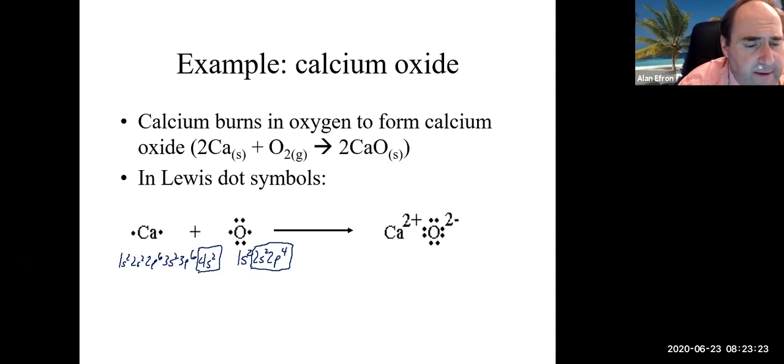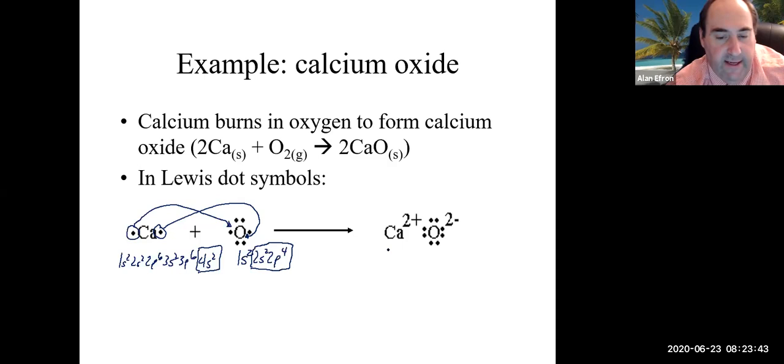So what's going to happen in order for calcium to get to that noble gas configuration, it needs to lose not one of these electrons, but actually 2. So for example, one comes here, the other one goes around the corner in this case and comes over here. The calcium, which loses both of its electrons, now becomes positively charged.